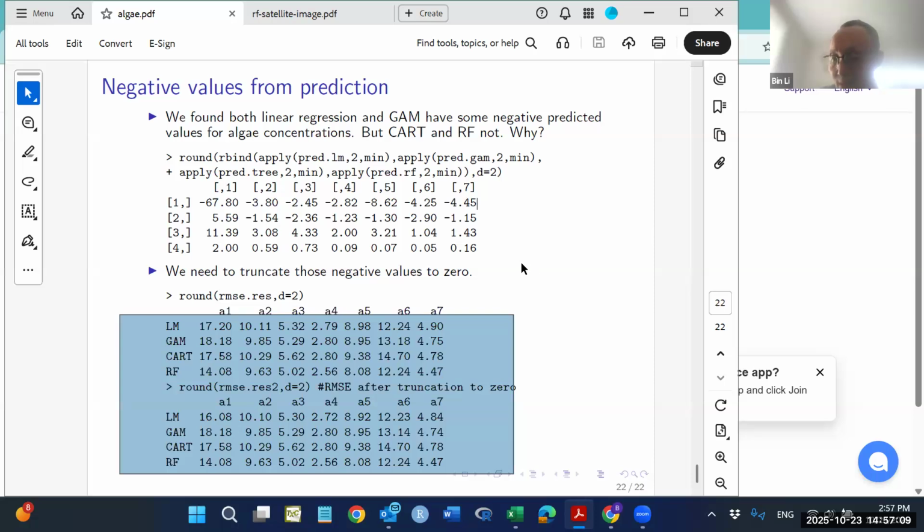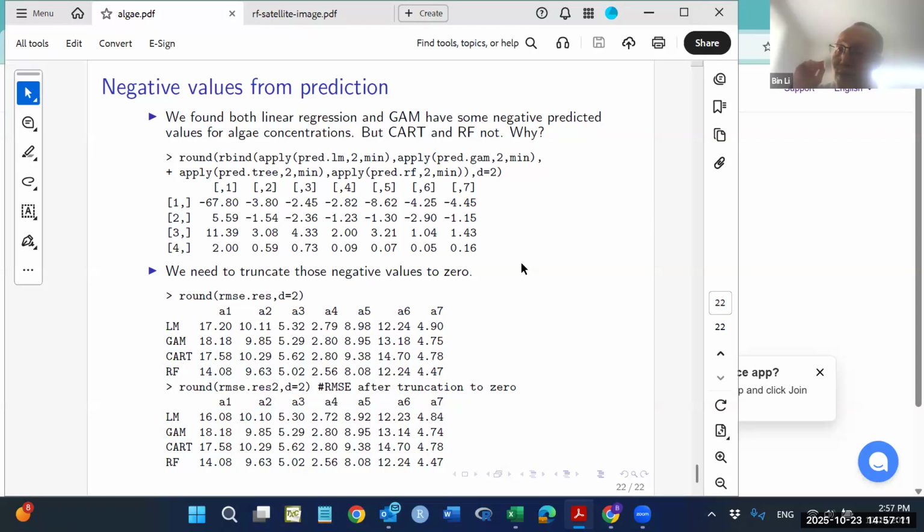This shows that after you predict, you also need to double check if the prediction makes sense or not, especially when the response variable has a reasonable range. Here the reasonable range should be between 0 and some maximum count, I don't know, but definitely it cannot go below 0. When we have a prediction below 0, we need to handle that. We cannot let it happen.